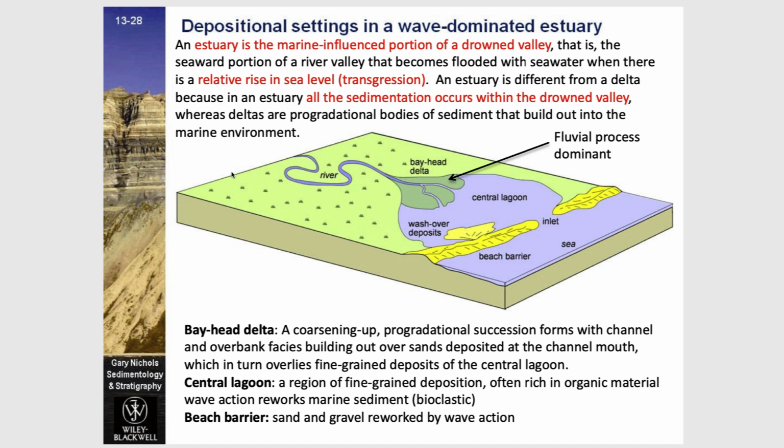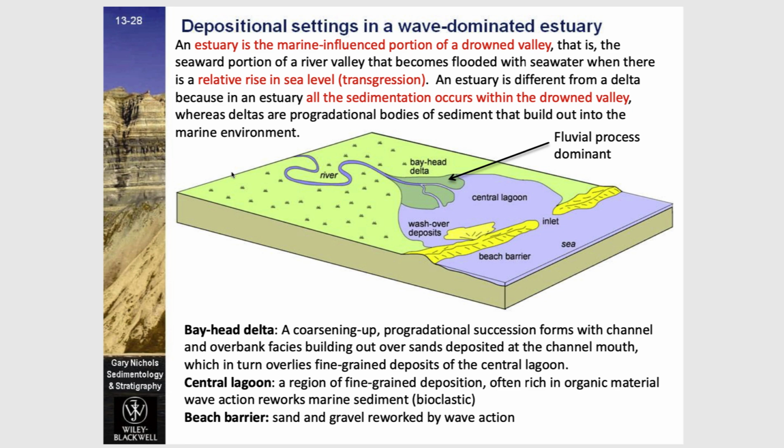Another important depositional system is a mixed depositional system. These are estuaries where we have meandering rivers that also contribute to the sediment load that is accumulated in a central lagoon.